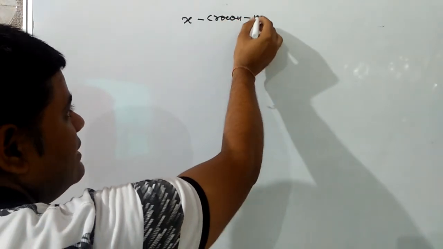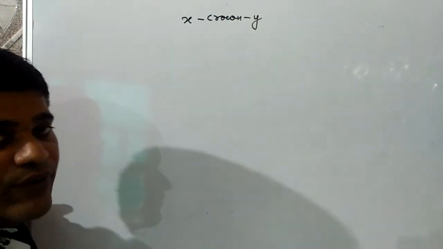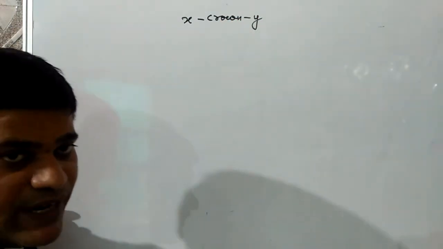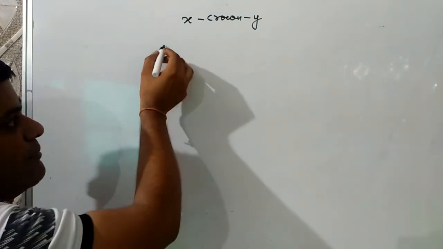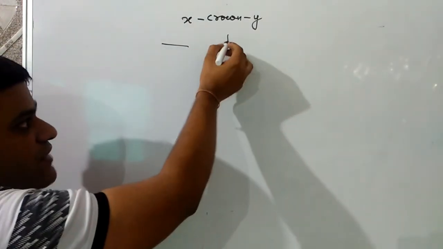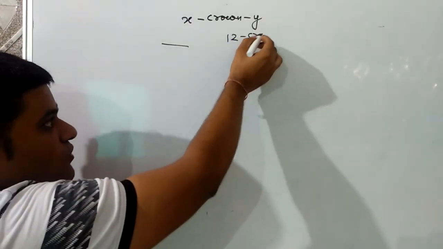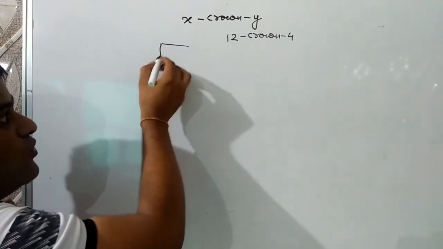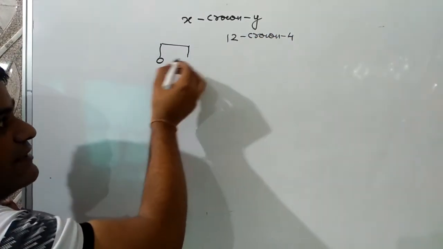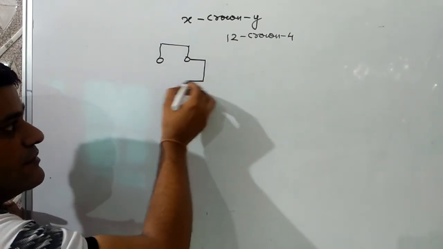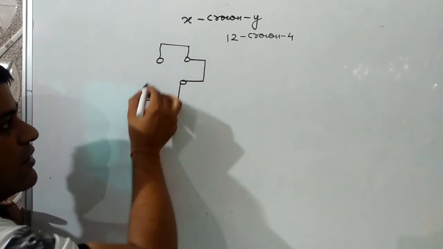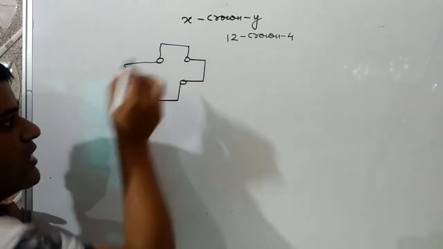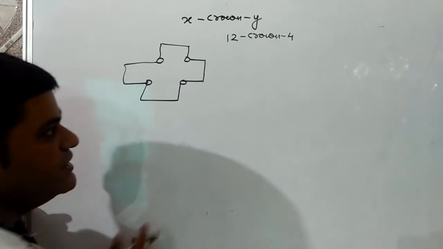In X crown Y, X denotes the total number of atoms and Y denotes the number of oxygen atoms. The first one will be 12 crown 4. The structure will be like this. There are a total of 12 atoms and 4 oxygens.